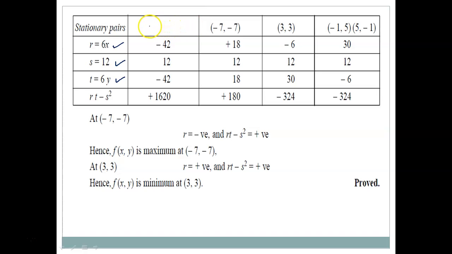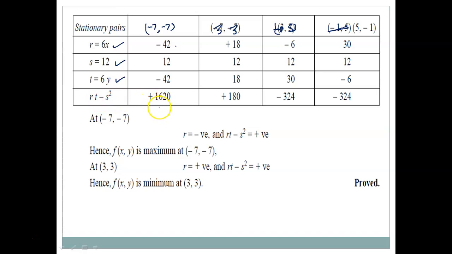I think minus 7, minus 7 must be there, and it should be 3, 3, and it should be minus 1, 5, and then 5, minus 1. So at this point, suppose you are putting x equal to minus 7. So the value of r is minus 42. The value of s is of course 12. And in t, when you put minus 7, it will be minus 42. And rt minus s square becomes 1620.